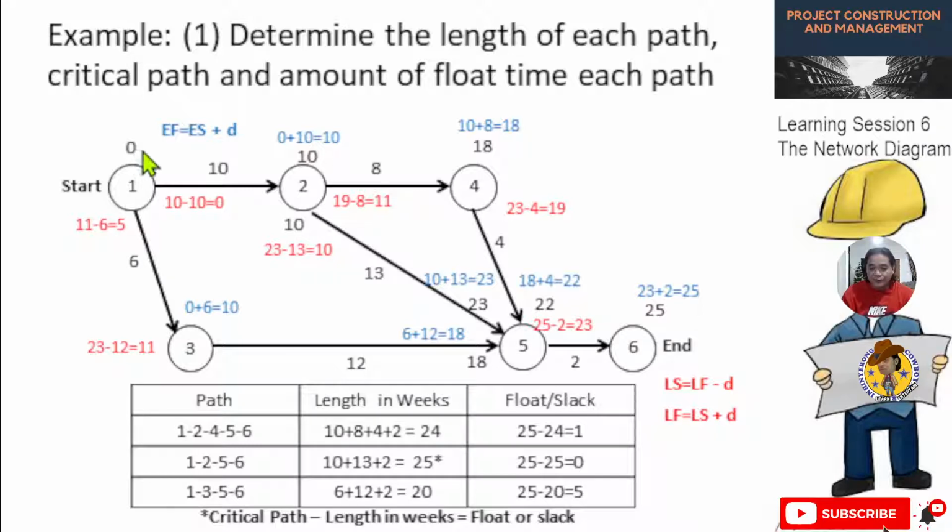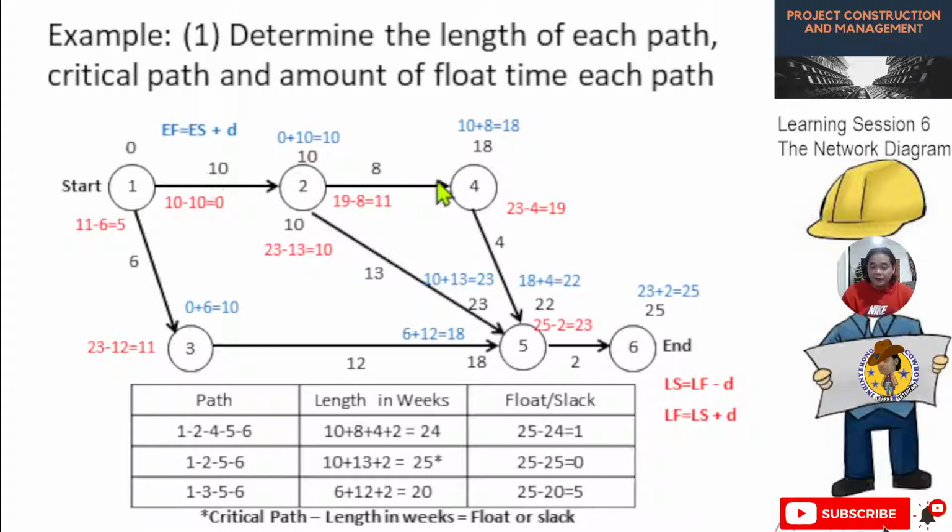The formula is early finish is equal to early start plus D. For this activity, guys, the early start is 0. Then the duration or the time is 10. So we have 0 plus 10 is equal to 10.